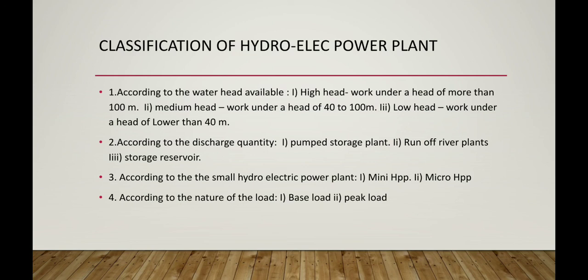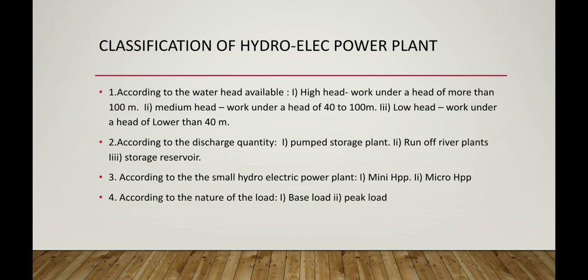It is divided into two types: mini hydropower plant and micro hydroelectric power plant. A mini hydropower plant ranges from 100 kilowatt to 10 megawatt, and a micro hydroelectric power plant has a capacity of under 100 kilowatt only.